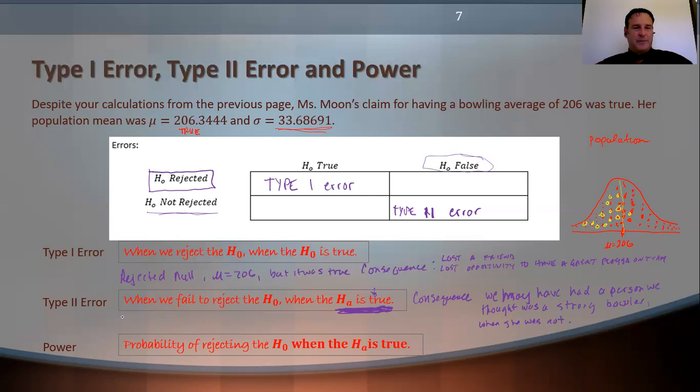If we fail to reject that, that means we did not reject the claim that her average was 206. Okay, but the alternative was true. Her average is really less than 206.